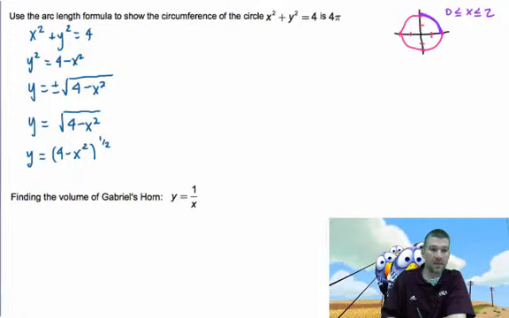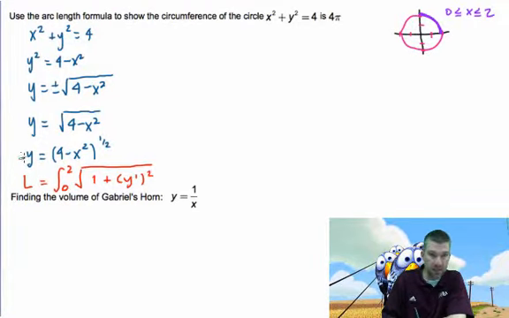Arc length says that length is equal to the integral from a to b, in this case 0 to 2, because that's the only part that we're looking at, of the square root of 1 plus y prime squared. All right, so I need to figure out what y prime is.